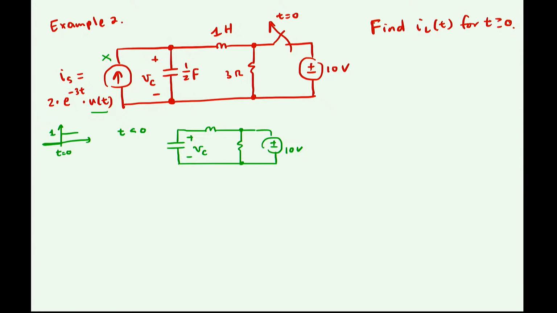Okay, so if the circuit holds on this state for a long time, an inductor looks like a short circuit while a capacitor looks like an open circuit here. So there's no current going through this path. There's only current in the 3 ohm resistor.